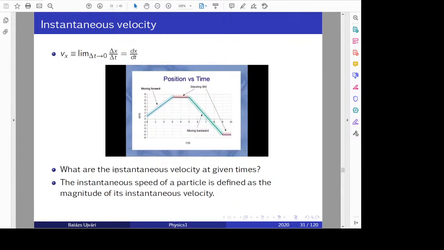What is the instantaneous velocity at the given time? So for example, at 1, if you derive this function, the speed will be 2. What does it mean, 2? I will share this presentation after this streaming. If the velocity is 2, it means in any 1 second of this motion, you change the position by 2 meters.